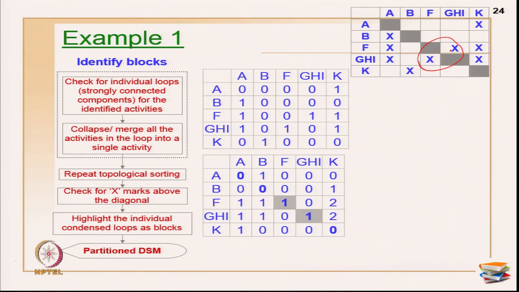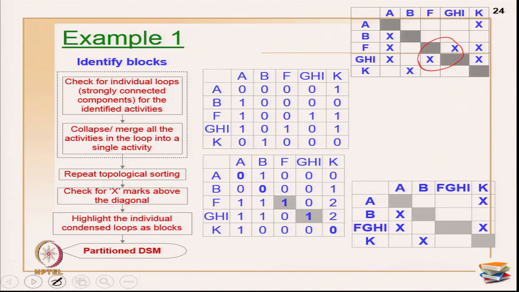If you see here with the X mark here, it shows that these two activities are interdependent. You need not even do the multiplication. Without that also you will understand, but if you are new to the whole process, better you do all the steps. So, this I have identified because I have got 1. So, this implies F, G, H, I are in a cycle. Now, what am I going to do? I am going to merge the F, G, H, I as 1.